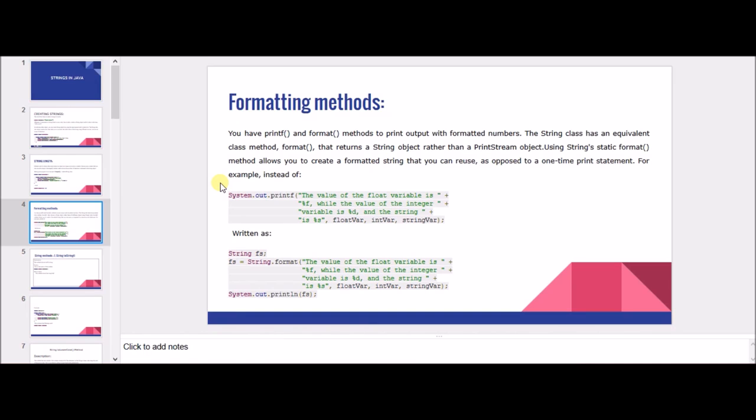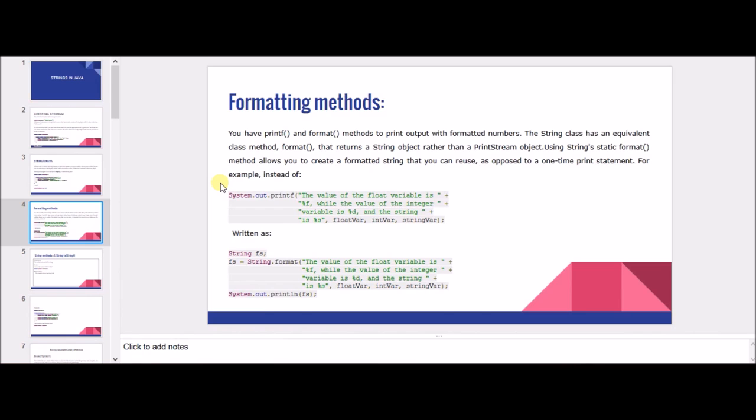Using the String static format method allows you to create a formatted string that you can reuse, as opposed to a one-time print statement. Let's work out this example. As you see, there are two examples given. One is System.out.printf, where the output is printed right on the screen, whereas in the other example the string is stored in another string called fs.